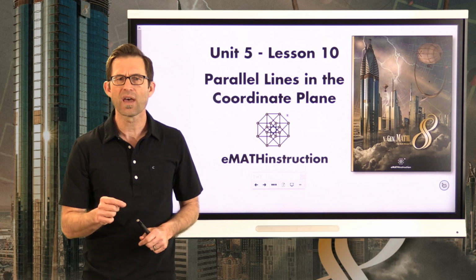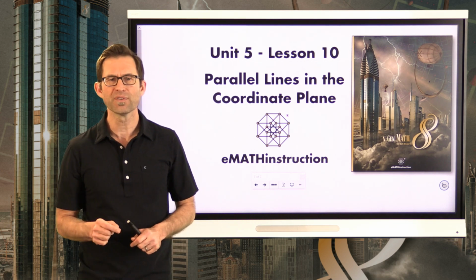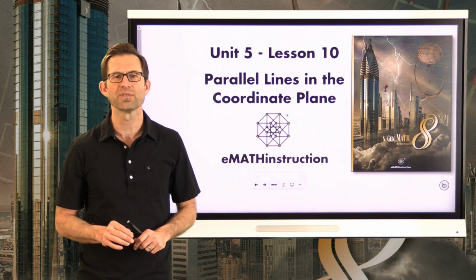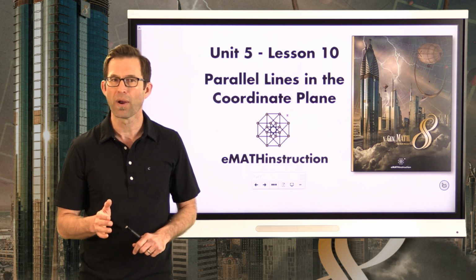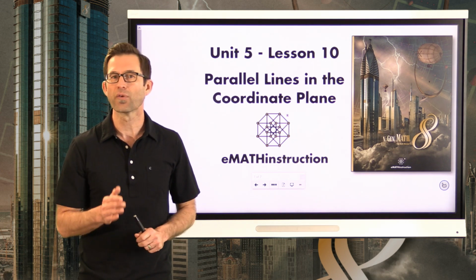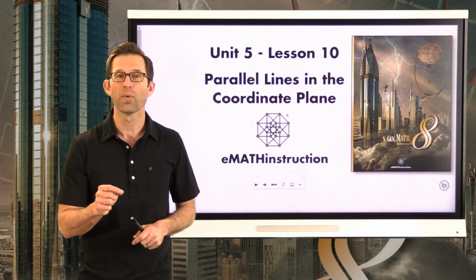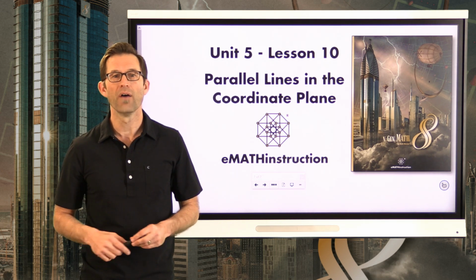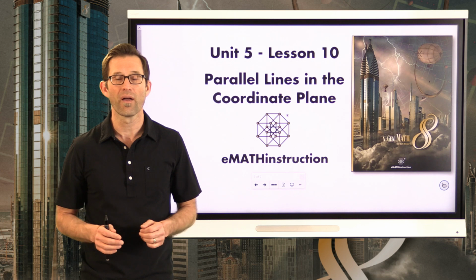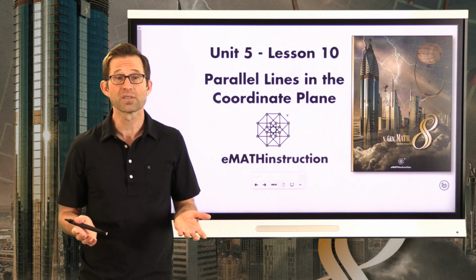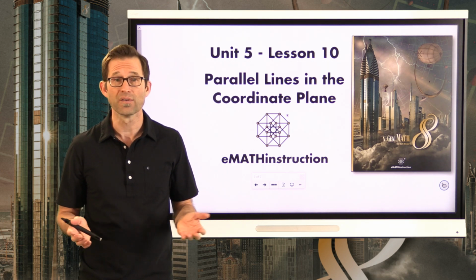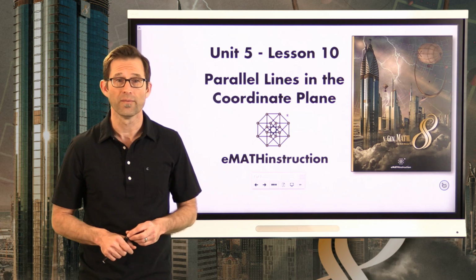We can say if two different lines have the same slope, then they're going to be parallel. And if two lines have different slopes, then they're going to eventually intersect. We even saw that when we tried to solve a system of equations with two parallel lines, and we found that system had no solutions because the two lines were parallel.